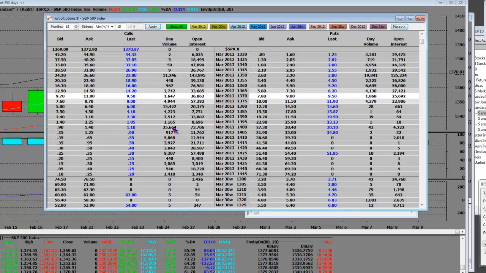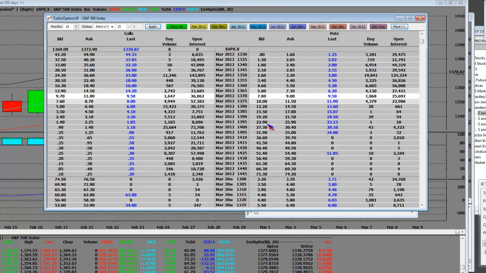That's the big one. So what we're going to do is take a look at where these volumes are, where the upper end of the resistances in the S&P 500 relative to the prices over here in the open interest.